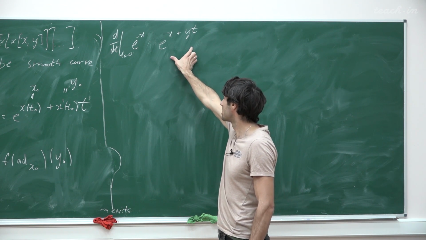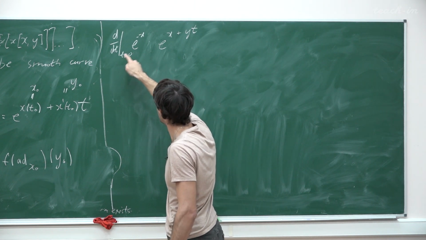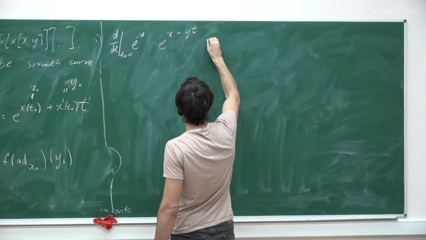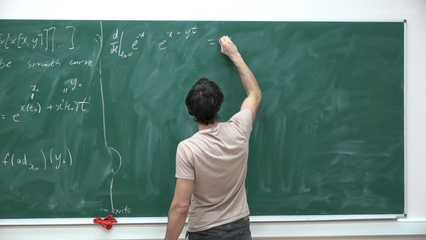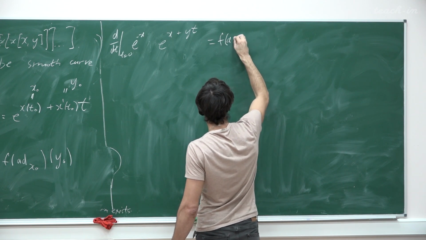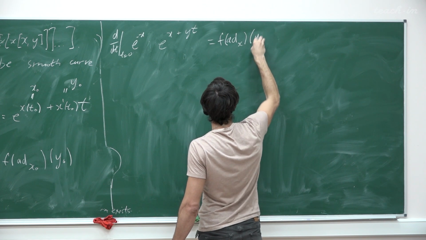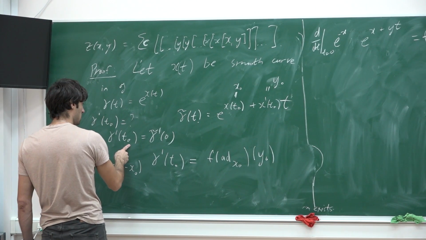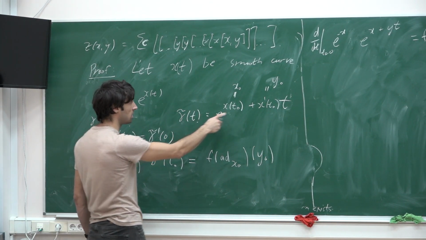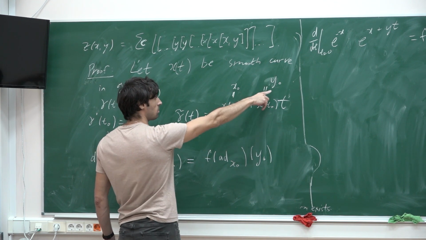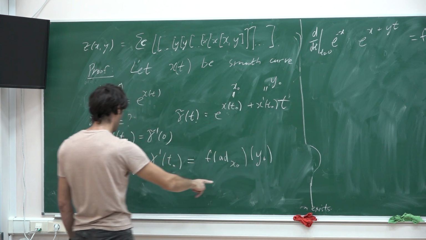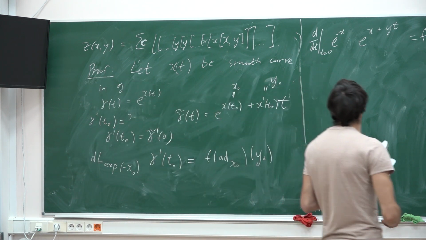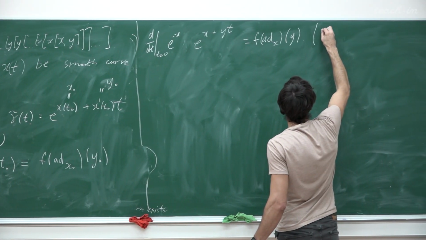I took this and then shifted, and this is my dl of my gamma of t, and we computed that this is actually f, the inverse of our Taylor series, whatever, x applied to y. And since my gamma prime of t0 is the same as gamma tilde, this is my x in this formula, this is my y in this formula. And so I just compare and I get this. This was the lemma.